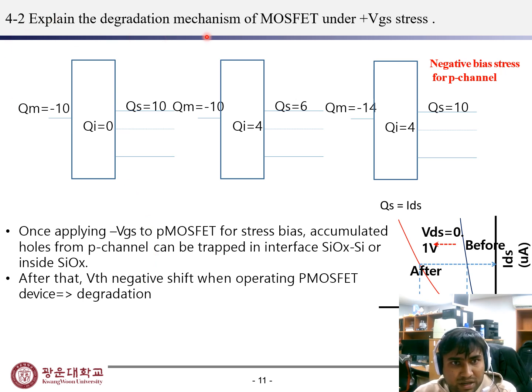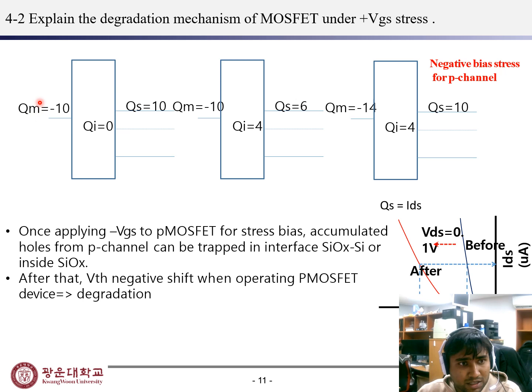Explain the degradation mechanism of MOSFET under positive VGS stress. When we apply negative VGS, at this time the VDS is 0.